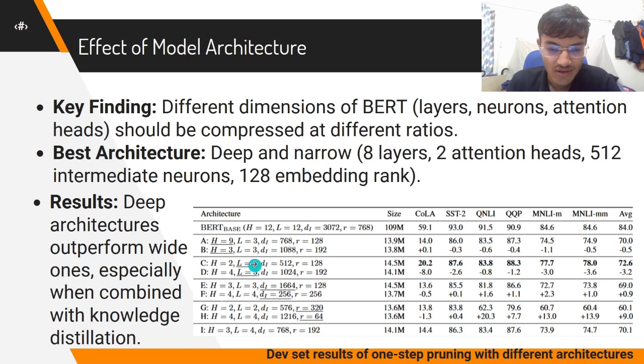L equals 8, you can see its length is the highest, and from this we can say that different parts of the BERT layer should be pruned in a different way to get the best accuracy.